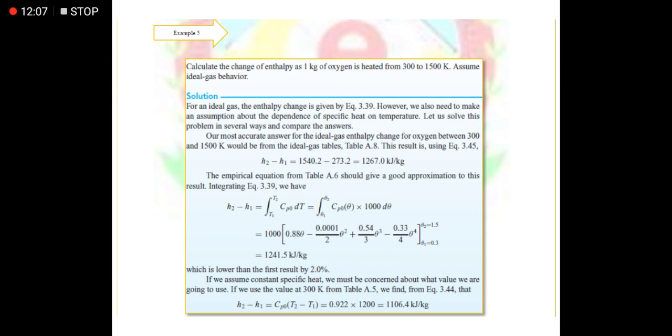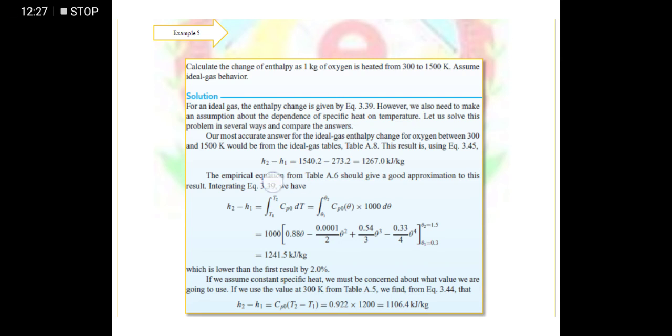This 1106.4 kilojoule per kilogram is due to the constant specific heat.